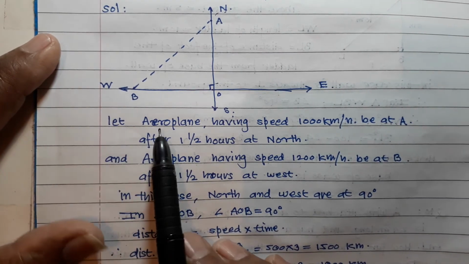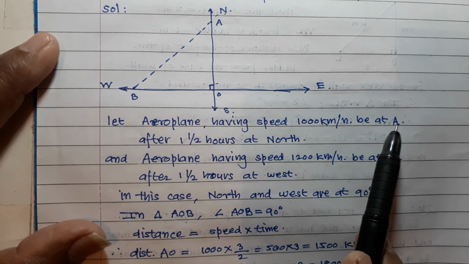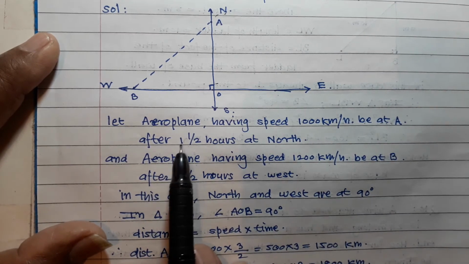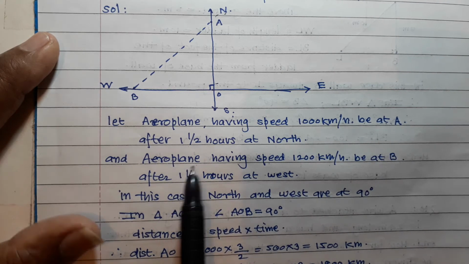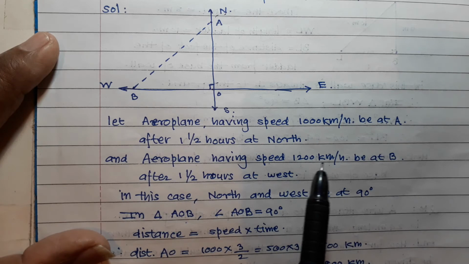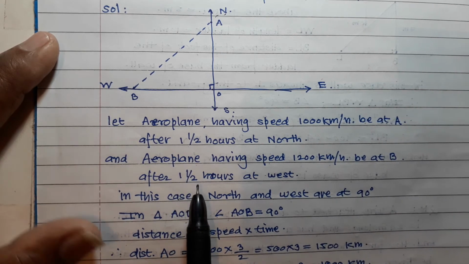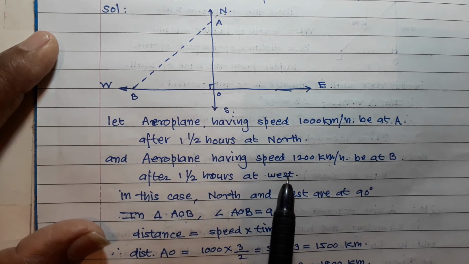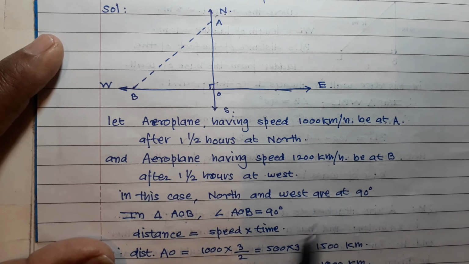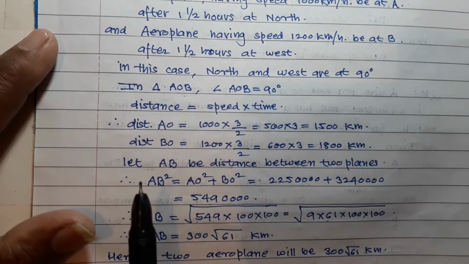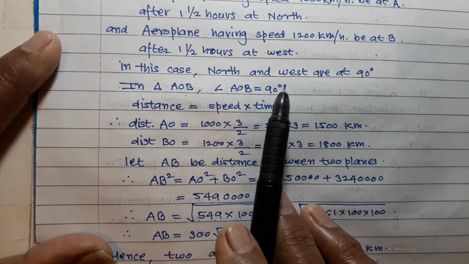Okay, let aeroplane having speed 1000 km per hour be at point A after 1 and 1/2 hours at north, and aeroplane having speed 1200 km per hour be at B after 1 and 1/2 hours at west. In this case, north and west are at 90 degree, and therefore in triangle AOB, angle AOB is equal to 90 degree.